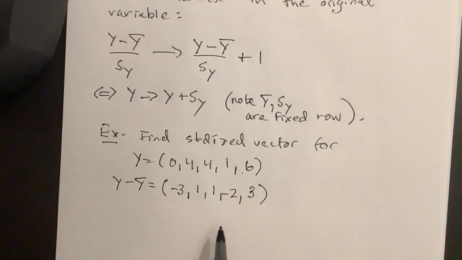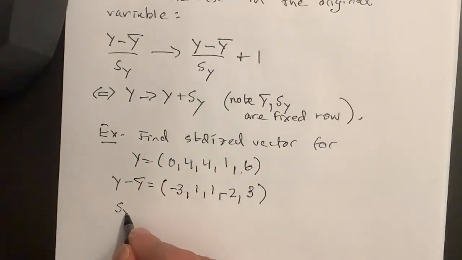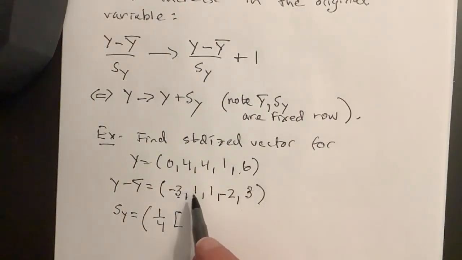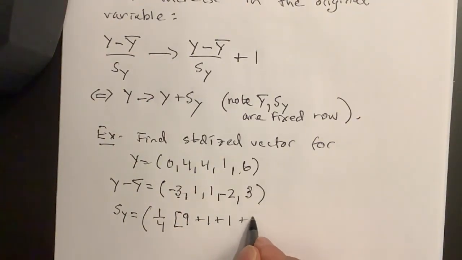Now I need s_y. So s_y is just equal to the square root of 1 over n minus 1, so I have 1/4, times the sum of these squared: 9 plus 1 plus 1 plus 4 plus 9.